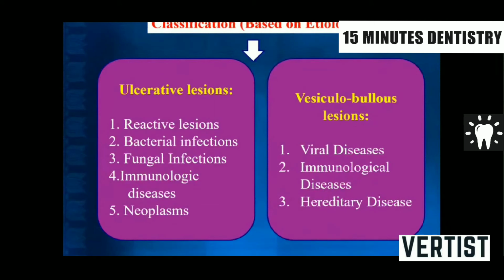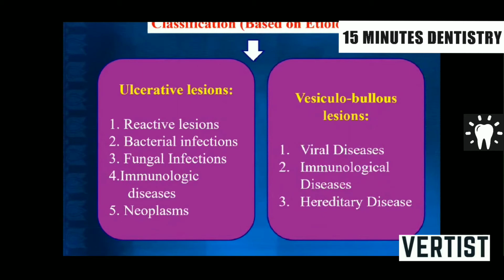Now there's another classification which you can quote if you want those brownie points. This is based on etiology. The detailed reference you can get from Regezi and Sciubba, that is the textbook. They have divided all the lesions we talked about in the first classification into 2 categories, ulcerative and vesiculobullous.